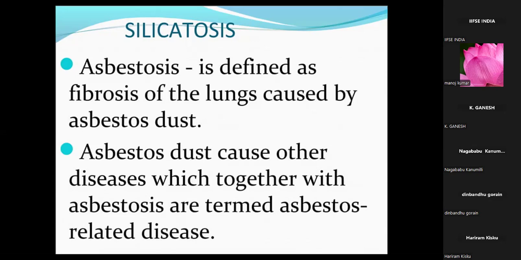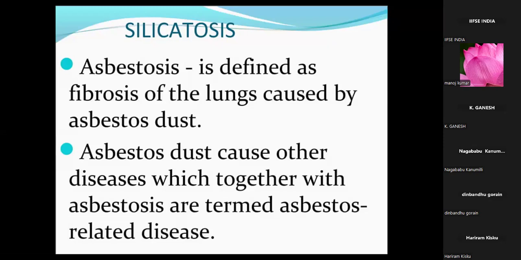Asbestosis is defined as fibrosis of the lung caused by asbestos dust. Asbestos does cause other diseases, which together with asbestosis are termed asbestos related diseases. Here in India, asbestos is now not much used except in some industries.